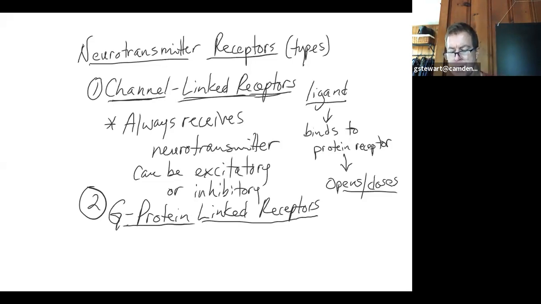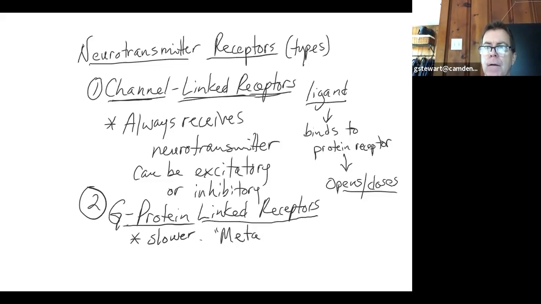So these receptors are much more indirect, and they're also much slower than channel linked. They have another name, and I'll tell you why. Metabotropic, it's all one word, receptors, because they change the metabolic behavior of the receiving cell. That's why.